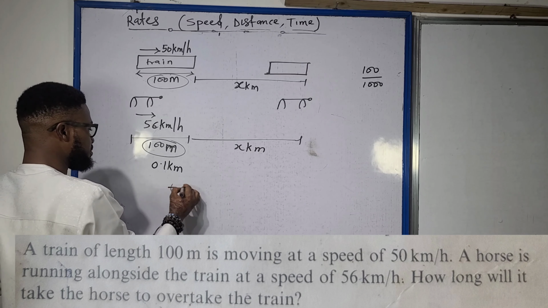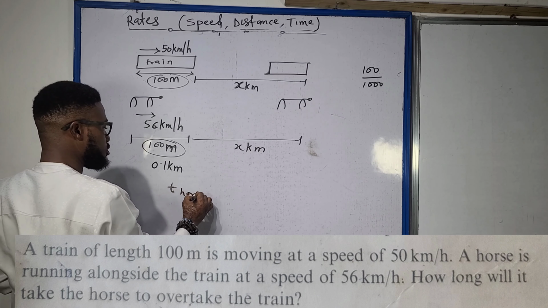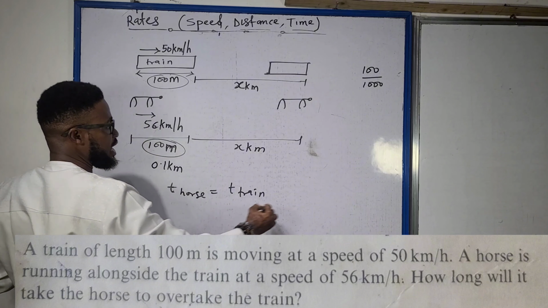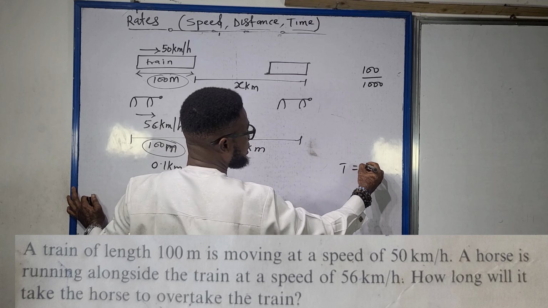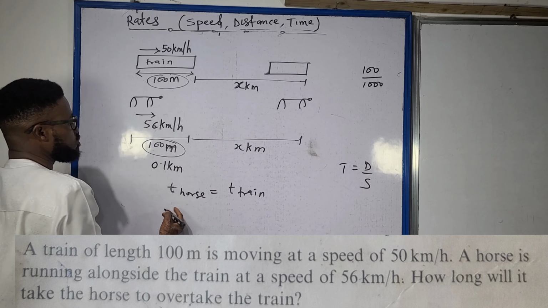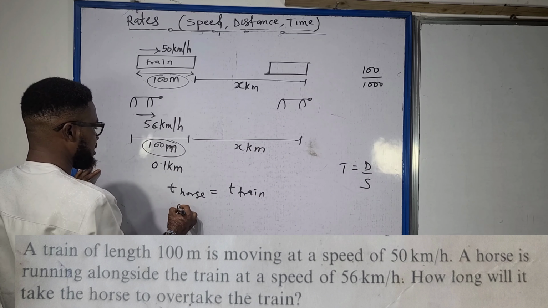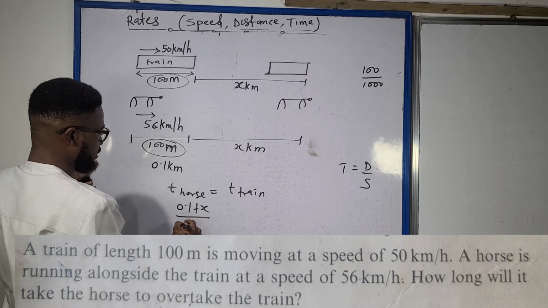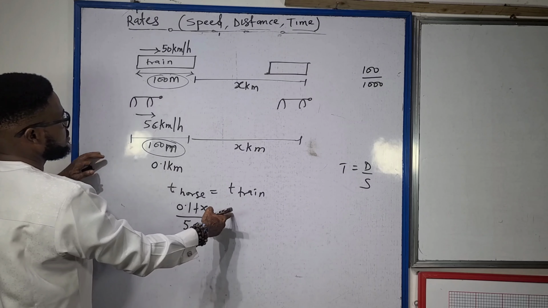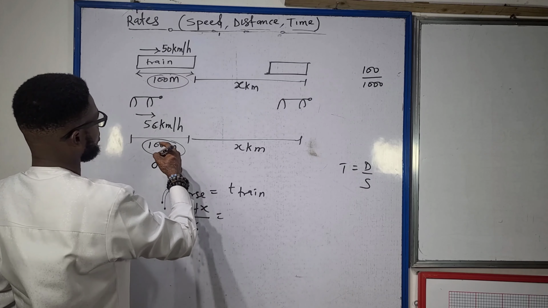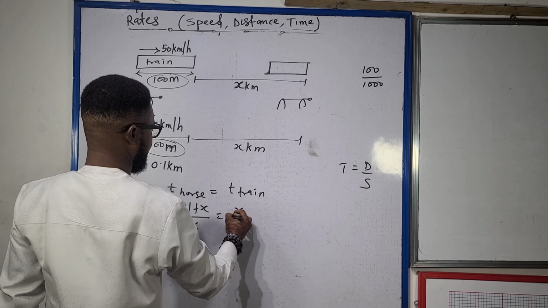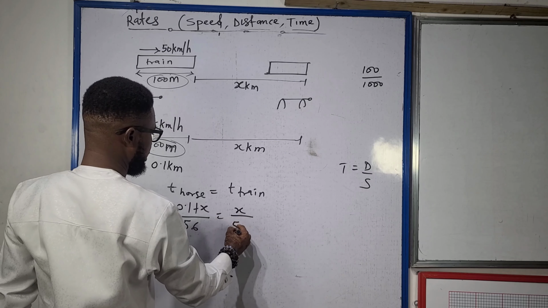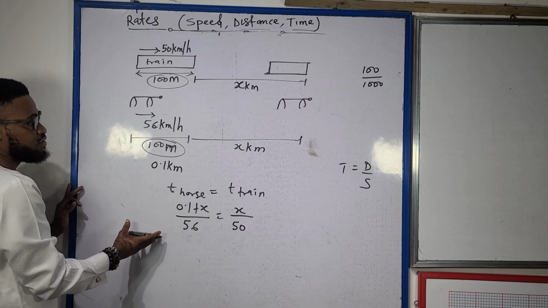So the timing for the horse equals the timing for the train, and we all know that time equals distance over speed. For the horse, the distance is 0.1 plus x over the speed 56. For the train, the timing is the distance x divided by the speed, which is 50 kilometers per hour.